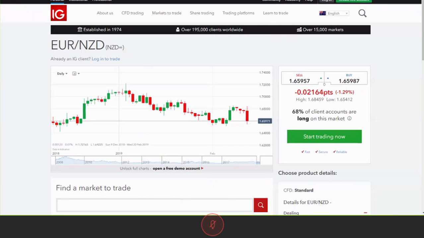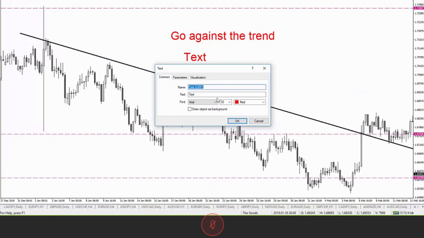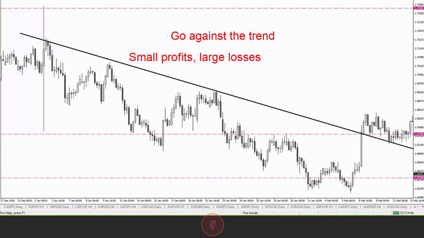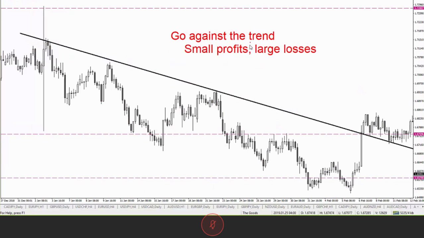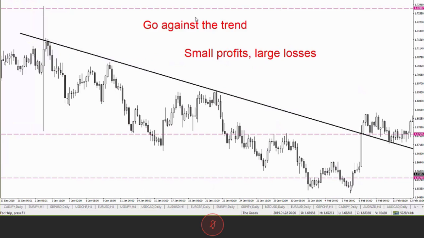Okay. So most traders go against the trend, and most traders take small profits and large losses. Even though they win more often than they lose, most retail traders take, and we know this from studies of retail trades, literally millions and millions of transactions.